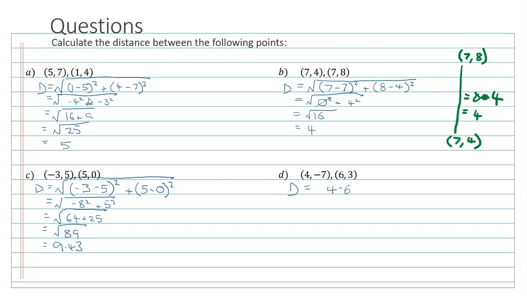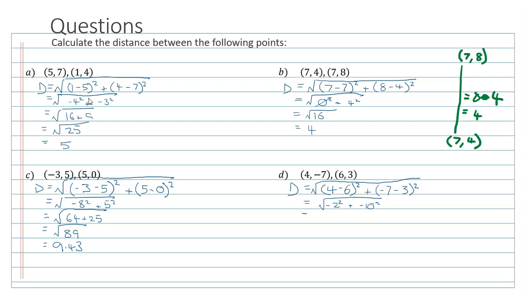And then finally over to D, the distance is 4 minus 6 all squared plus negative 7 minus 3 all squared. And 4 minus 6, that's negative 2 squared plus negative 7 minus negative 3, that's negative 10 all squared.